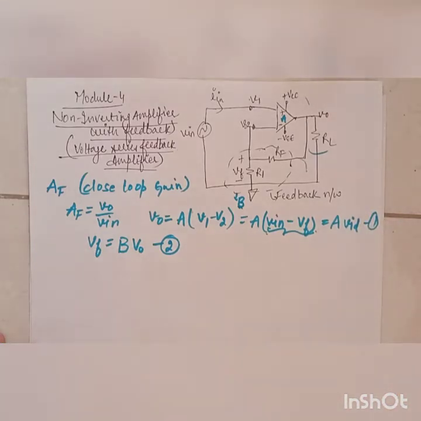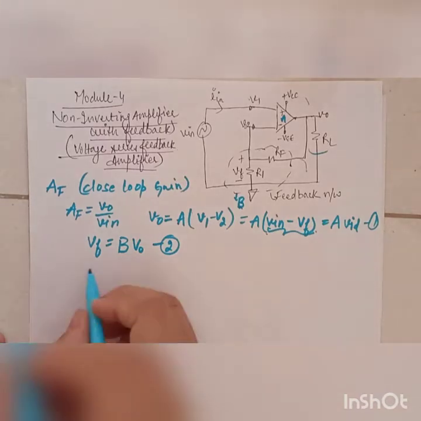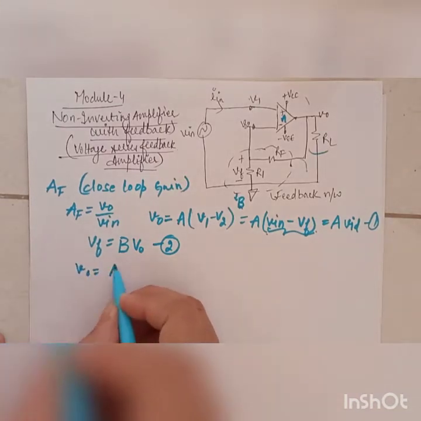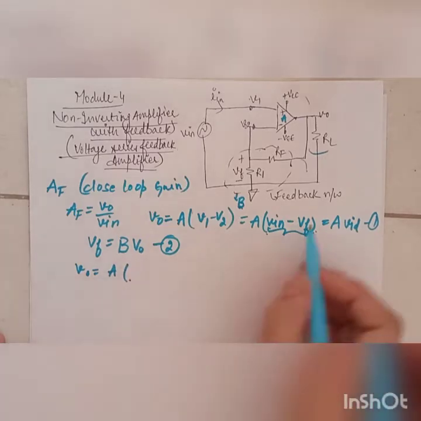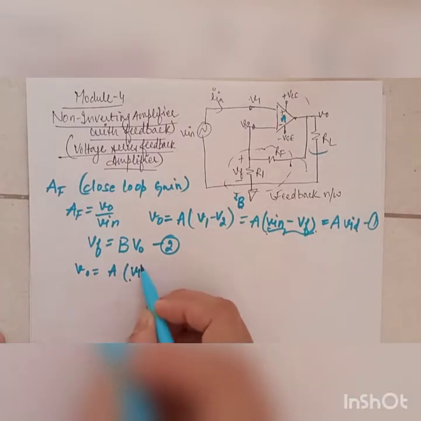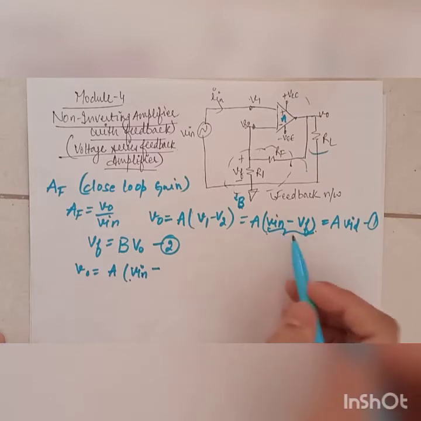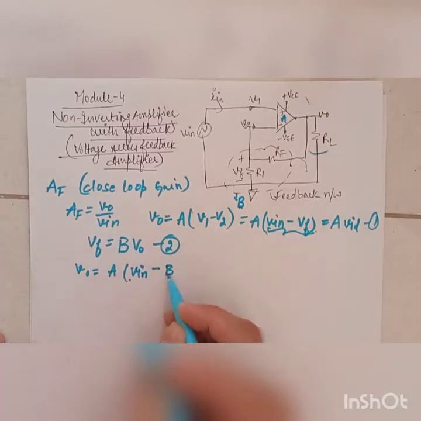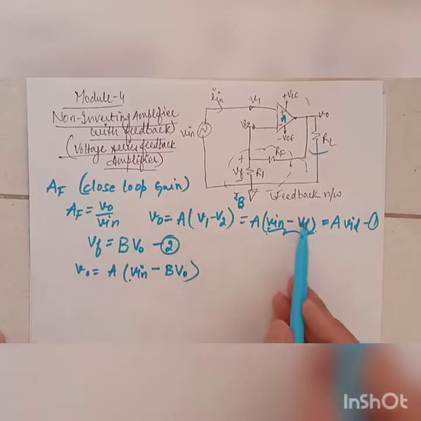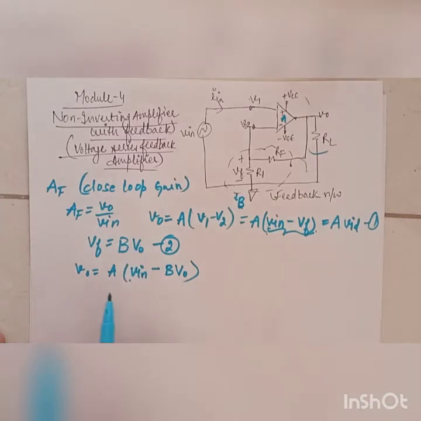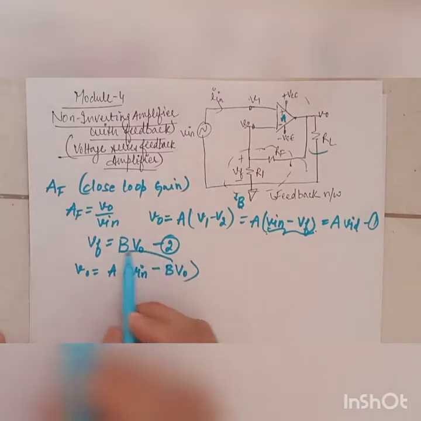Now from equation 1 and 2 I can get this. If I substitute here, V0 is equal to A times (Vin minus VF). Now VF I can write as B times V0, because VF is nothing but B times V0. Now I will send this V0 term together to this side.